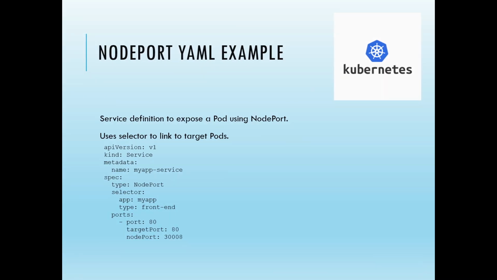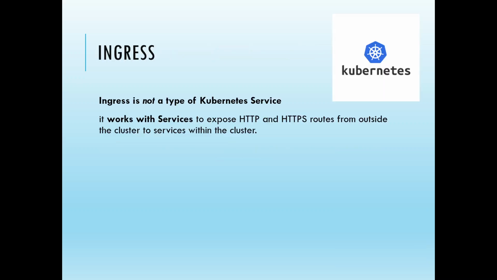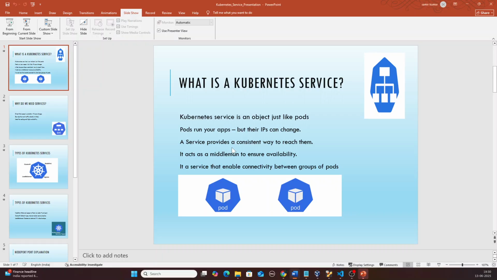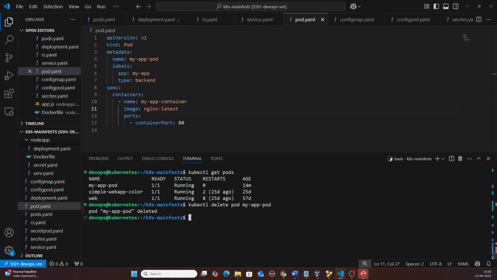So let's begin the implementation. First we'll deploy a NodePort service and try to access it. We'll go to Visual Studio Code and see I've already got the manifest file of the service.